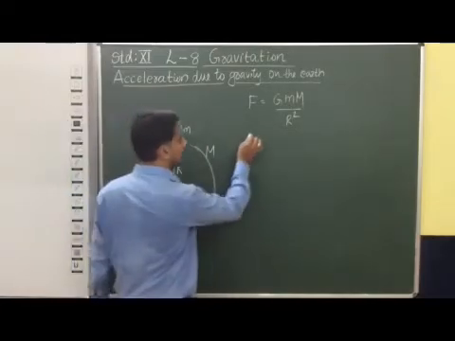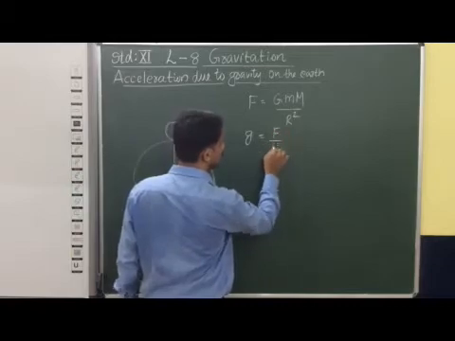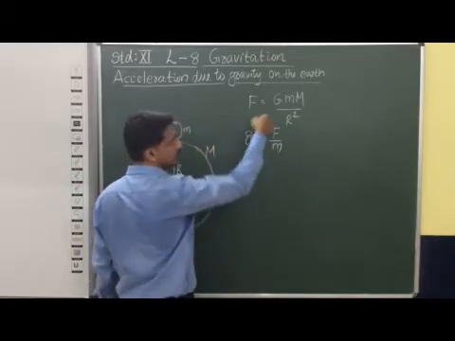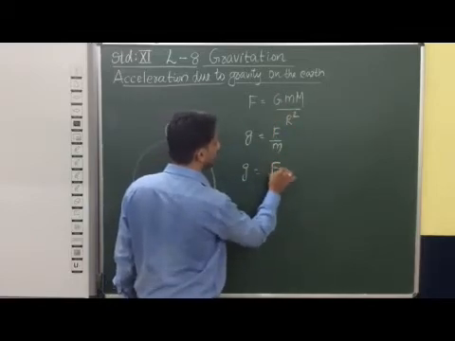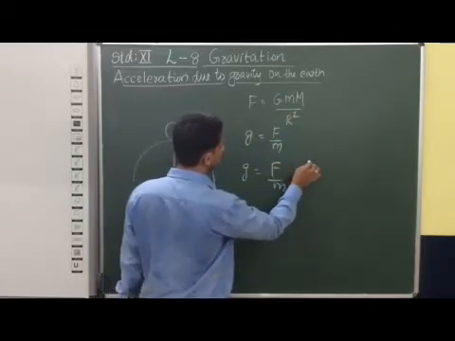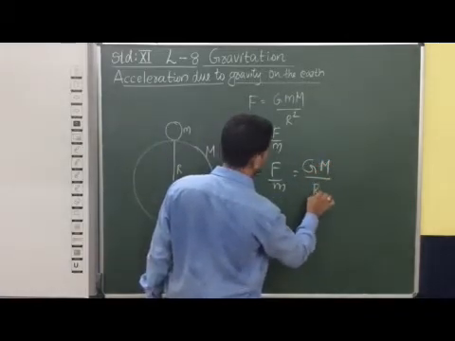Now we know the acceleration due to gravity g is F by m only. So from this equation we can observe that g is equal to F by m, which should be G M divided by r square.